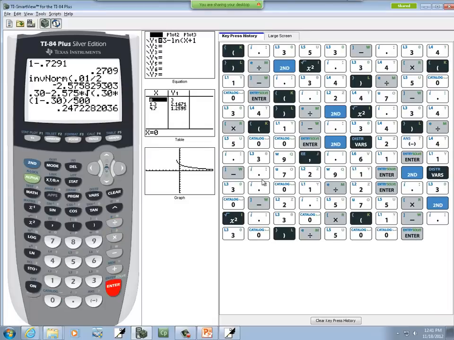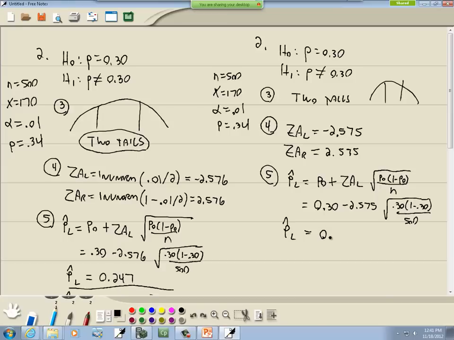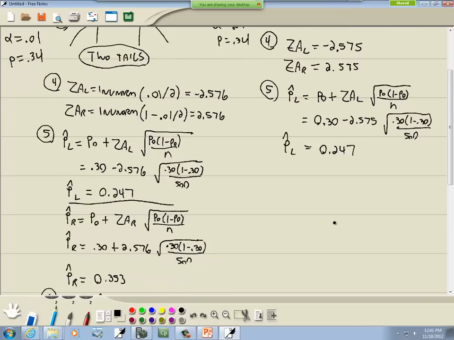And if I remember right, these were 3 decimal places, so this would be 0.247. Yeah, that's interesting. Came out the same, didn't it? At least for that one.